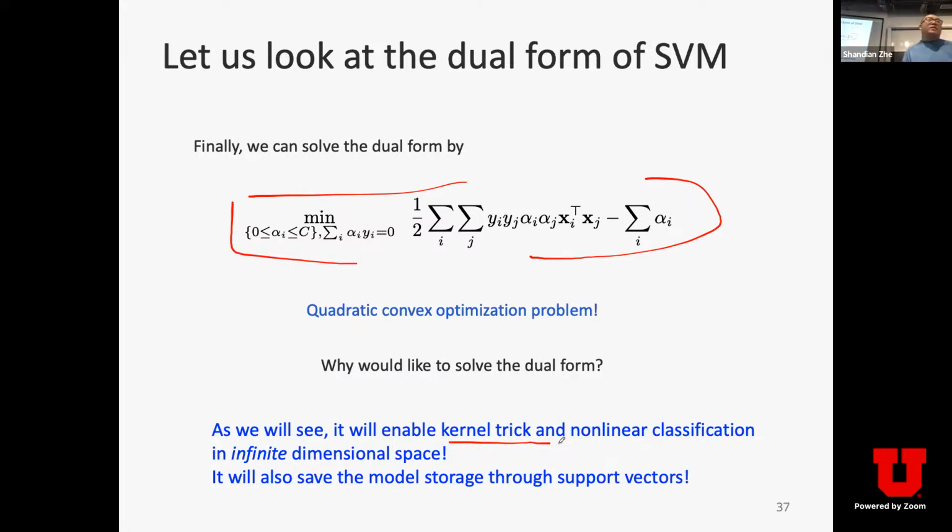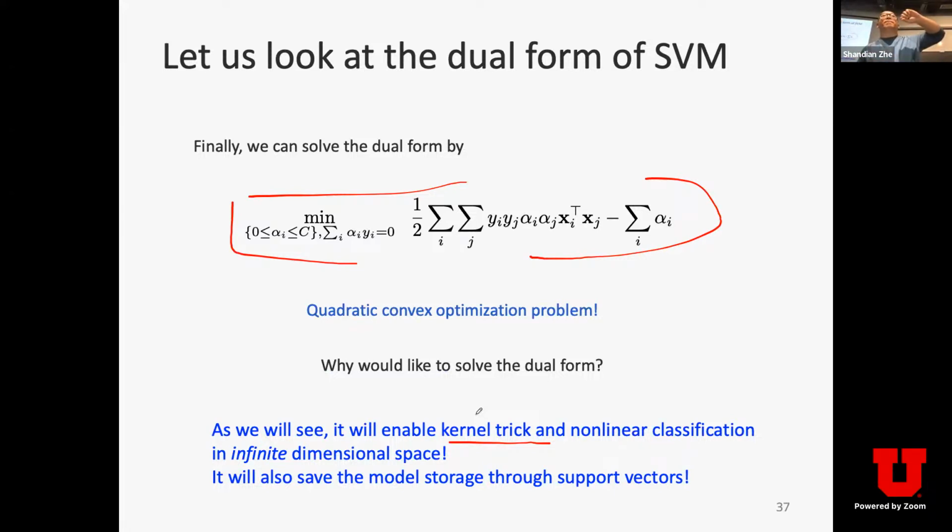And to avoid the explicit feature mapping computation, we want to use the so-called kernel trick. The kernel trick, as we'll see later, helps you compute the dot product of two infinite dimensional feature vectors in the original feature space. That means you never need to really compute the feature mapping.